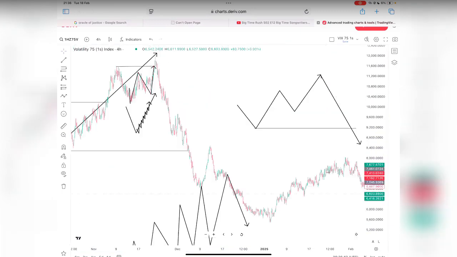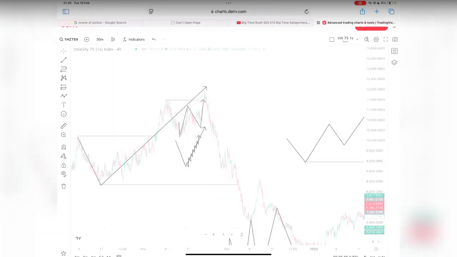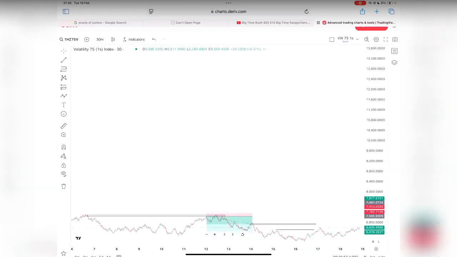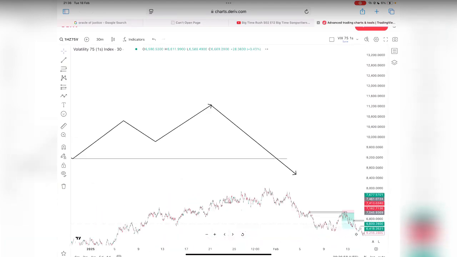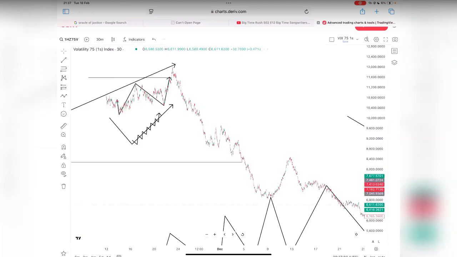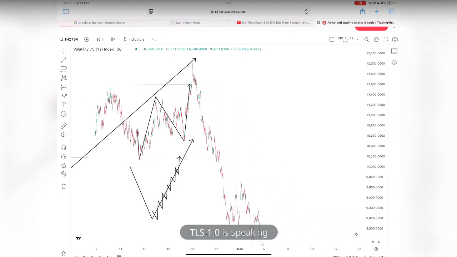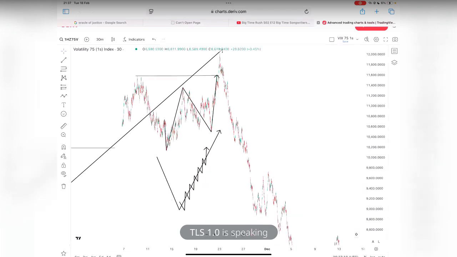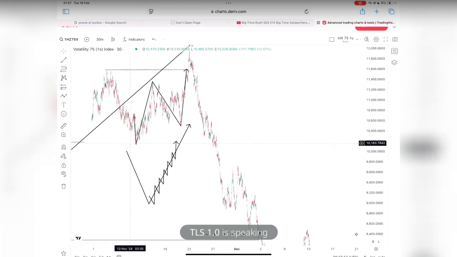Now, what do I mean? Now let's use this guy as an example for now. Got taken out. You can see that price did not buy again.